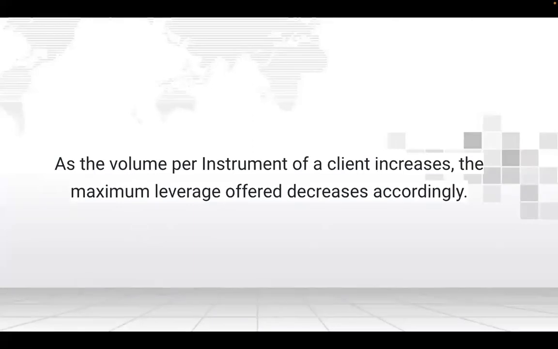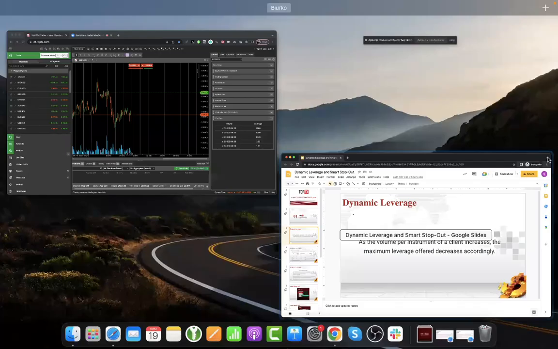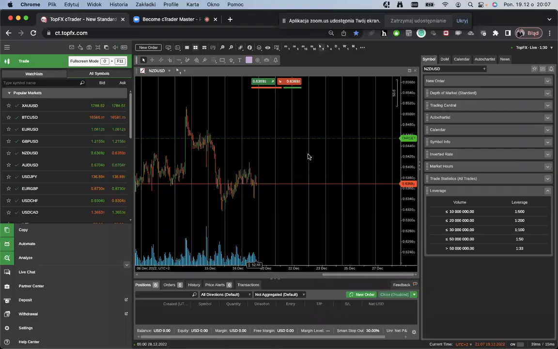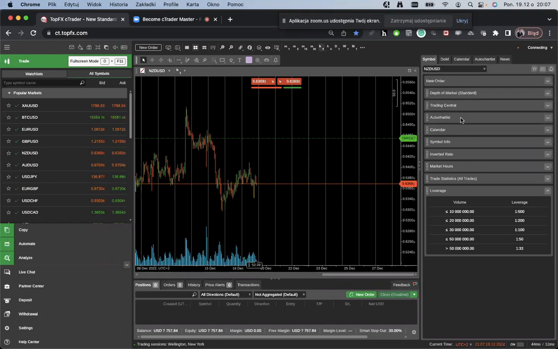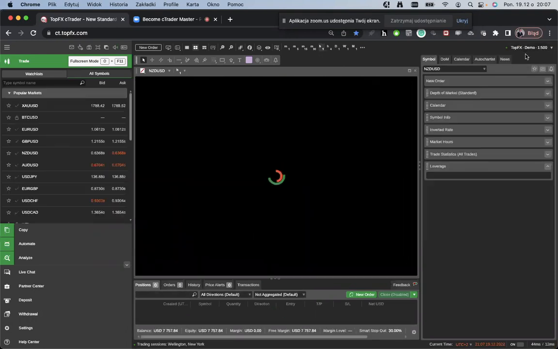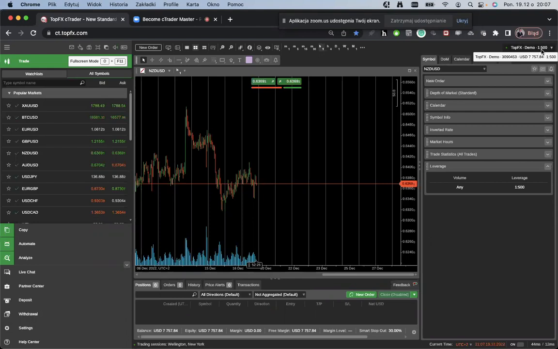Let me switch back to my cTrader. Each trading account has a certain leverage defined at the time of creation. As you can see, I'm using the live account right now with leverage 1 to 30. If I switch to, for example, the demo account, there you go, it's applied now, and the account leverage is 1 to 500.